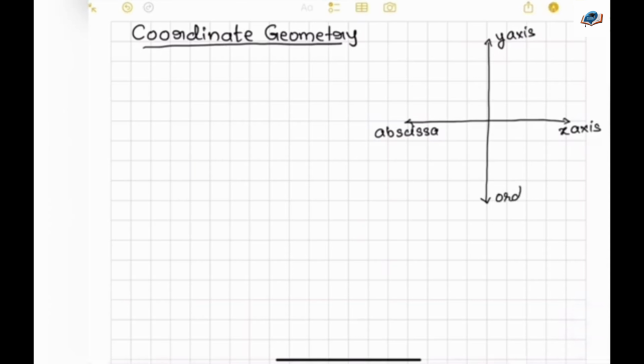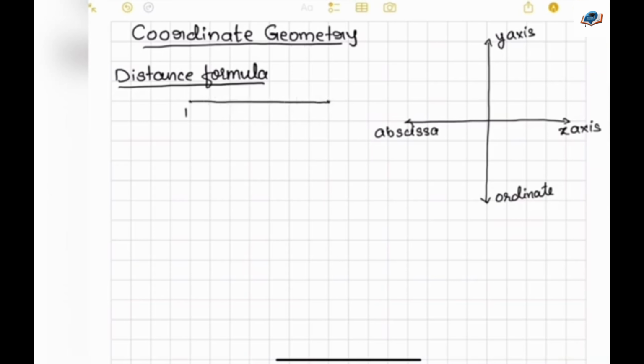First, distance formula. Distance formula, as it says by the name, distance, to find the distance between any 2 points. Suppose this is a point P and this is a point Q. It can be anywhere on the graph in any shape.